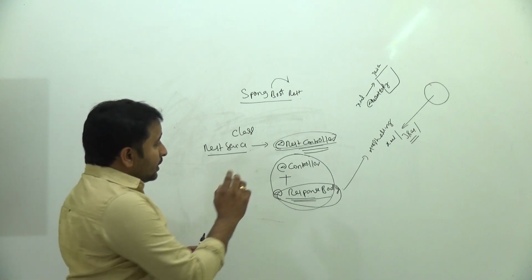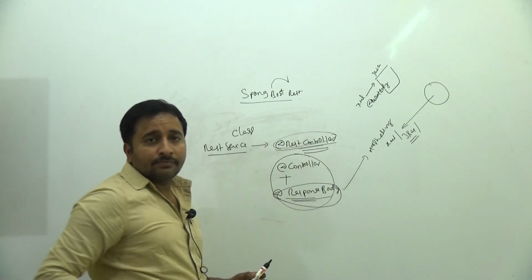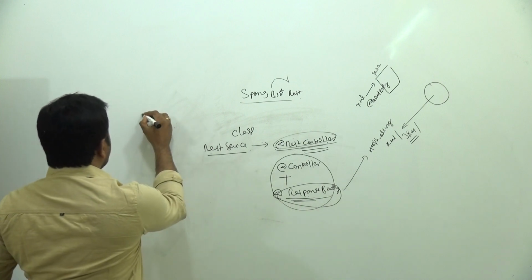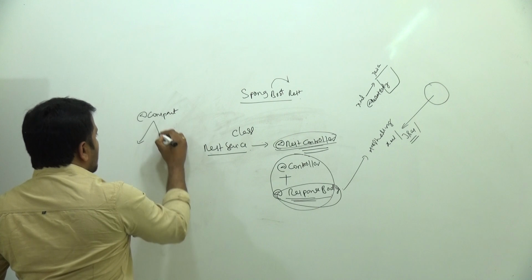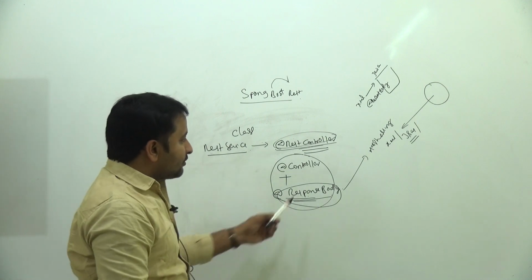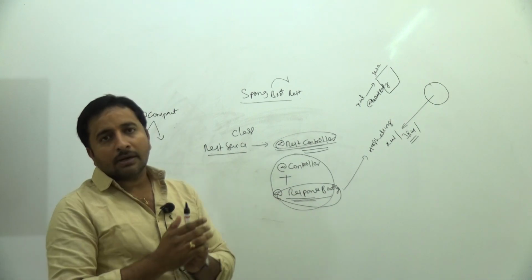Moreover, we can declare a class as a @Component also, but it is not at all good. Why? Because this is the presentation class, and a controller is nothing but a controller class.